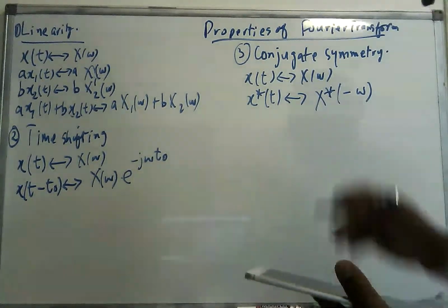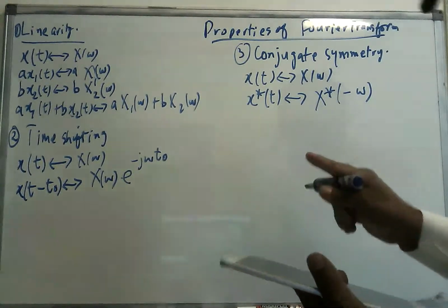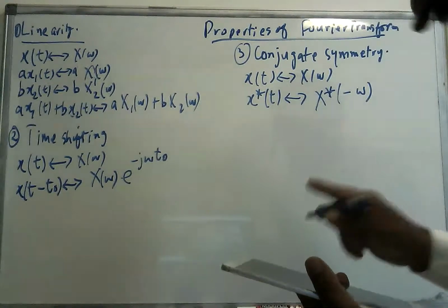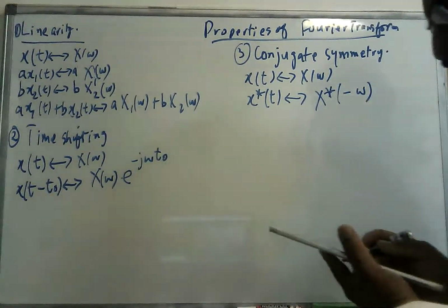Now, this property is important because it has two more results which follow from it, and those results are more important than the property itself.